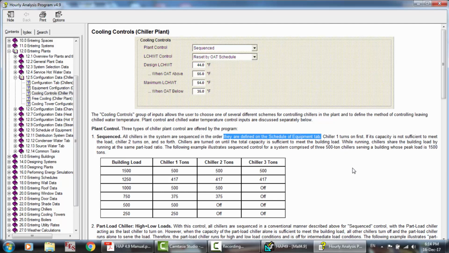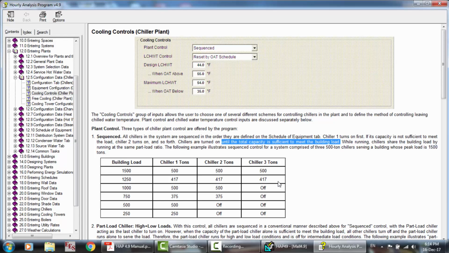So chiller 1 turns on first. If its capacity is not sufficient to meet the load, chiller 2 turns on, and so forth. Chillers are turned on until the total capacity is sufficient to meet the building load. While running, chillers share the building load by running at the same part load ratio.